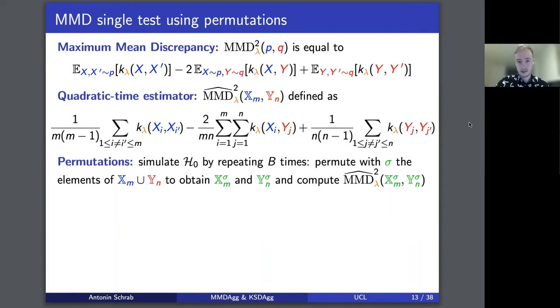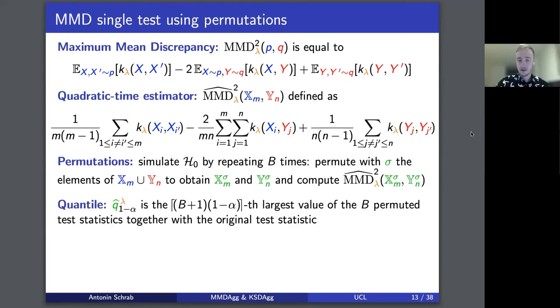The intuition here is that under the null hypothesis, P is equal to Q. So all these points are drawn from P equal Q, and all these points are also drawn from P equal Q. That's how we can simulate the null hypothesis.